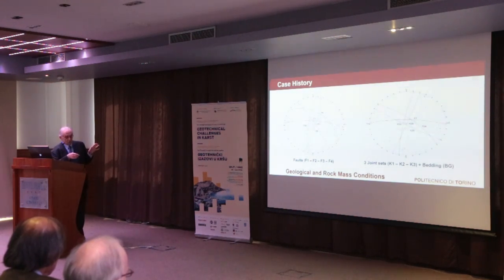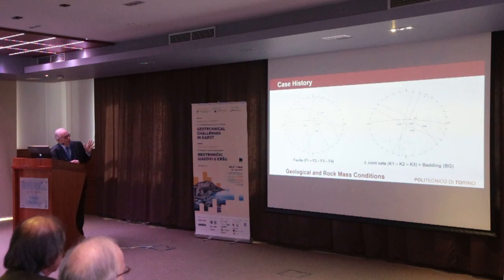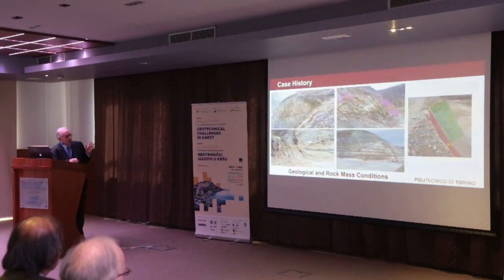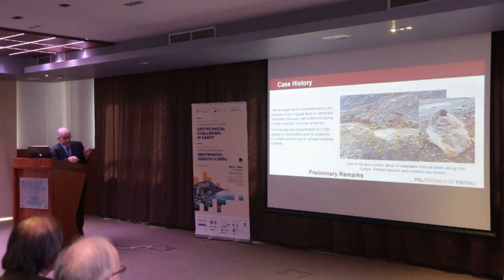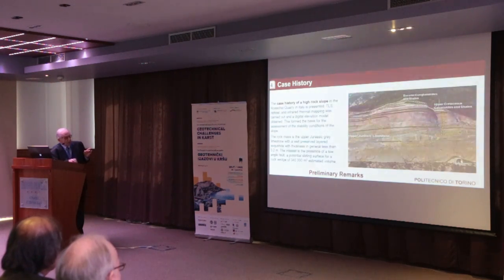I'm not going to go into detail, but you can see the faults on the stereographic plot. And I would like to point out the F4 fault, which is the fault along which sliding is likely to take place.